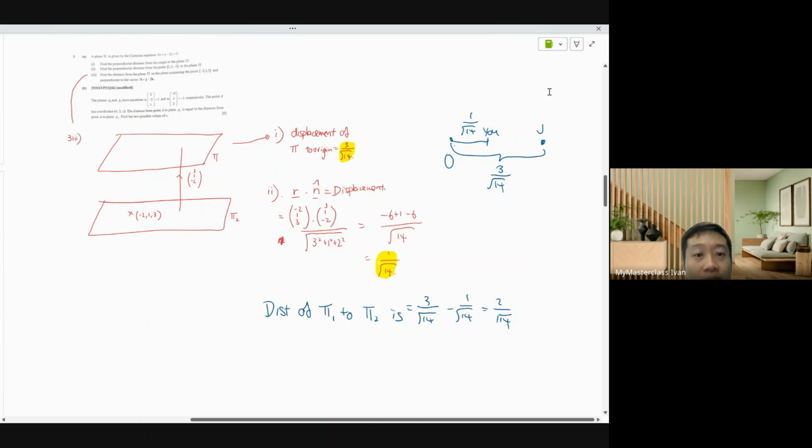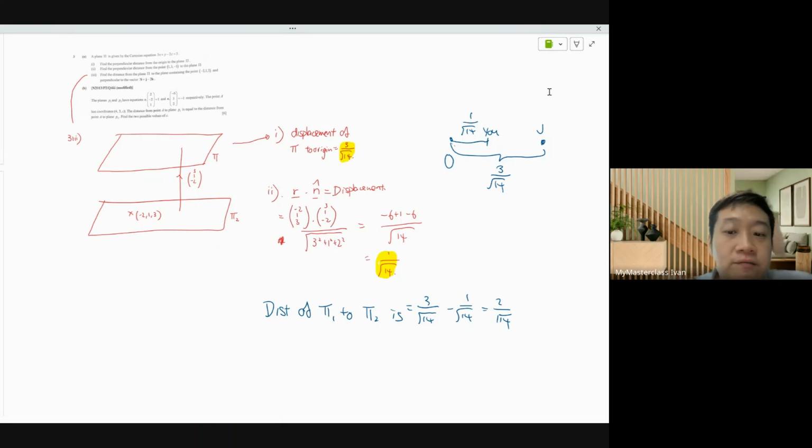This one is the distance between two planes. Yeah, that actually works. It will give you the same thing as well.